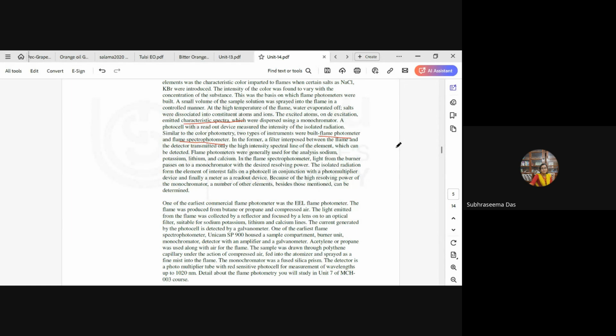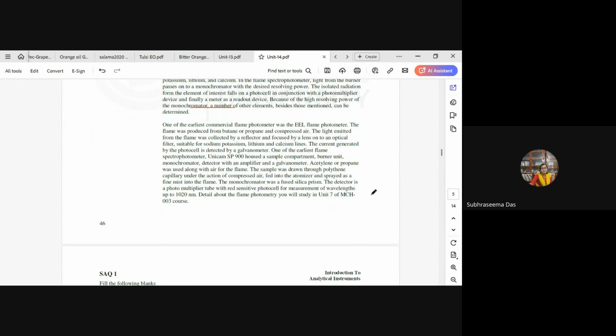These flame photometers were generally used for analysis of sodium, potassium, lithium, and calcium. In the flame spectrophotometer, light from the burner passes on to the monochromator. The isolated radiation from the element falls on a photocell and is finally detected. Because of the high resolving power of the monochromator, a number of other elements could be identified.